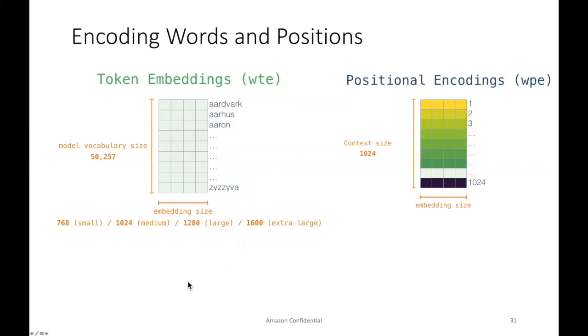But in case of words, the number of words is very huge. There are maybe more than 5 lakh words, like 500,000 words and even more than that. So one hot encoding words will mean that the one hot encoded vector will be very large, right? There will be one in one place and then there will be like 500,000 zeros. So one hot encoding of words will not be very nice.